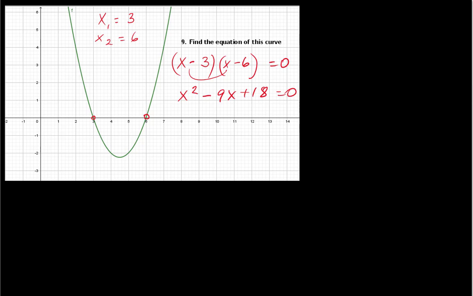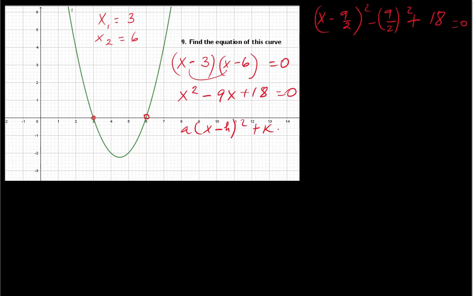We can put it in our form of a factor in x minus h squared plus k. Okay, so we can say here that we have x minus 9/2 squared, minus 9/2 squared plus 18 is equal to 0.